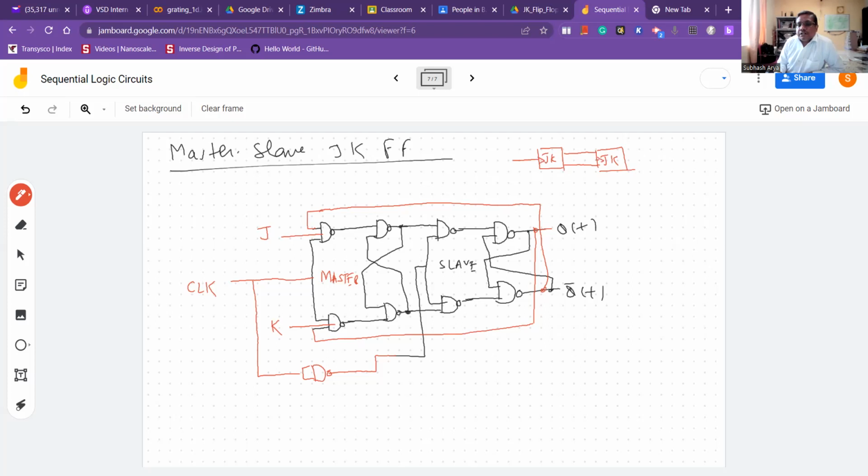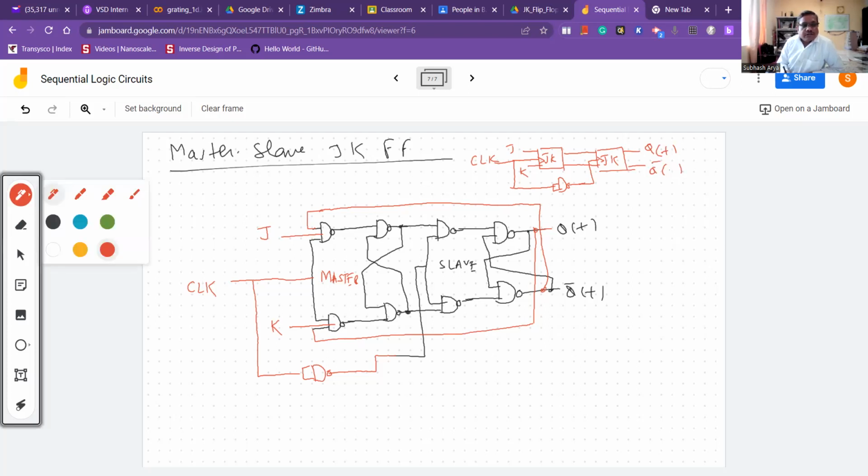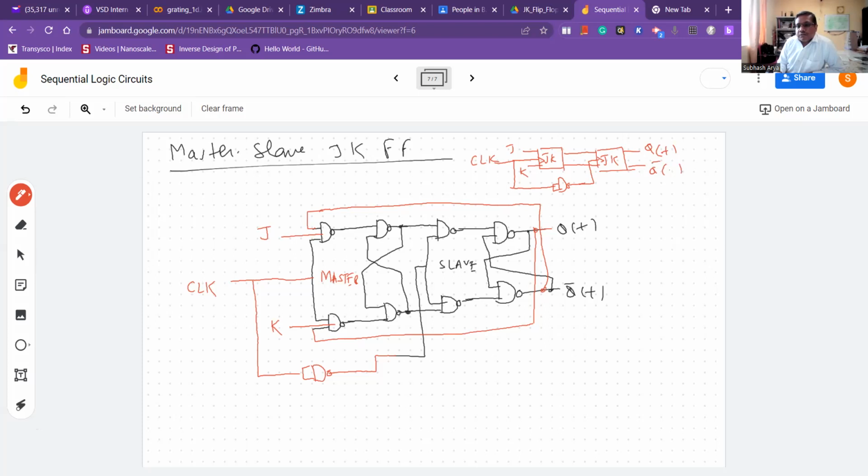Only the triggering is done here through a NOT gate. So this is J and this is K, this is the clock pulse, and here the outputs Q and Q bar. So this is a detailed diagram, and here is a block diagram.